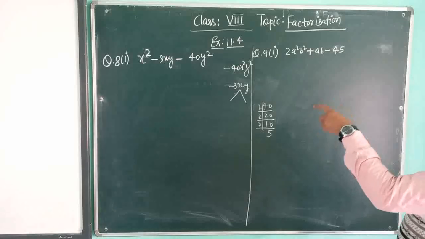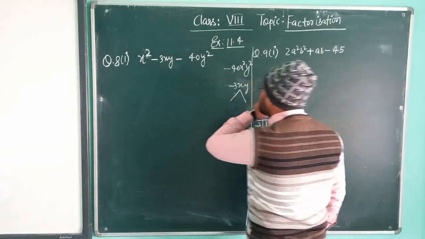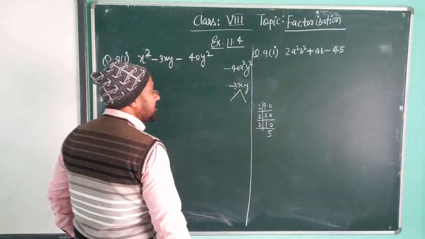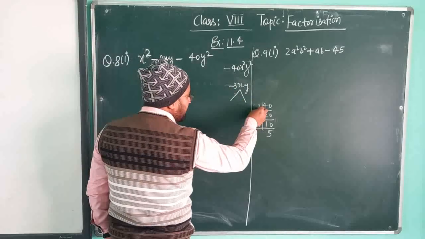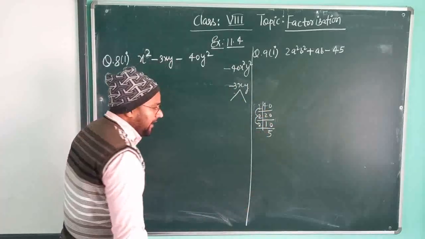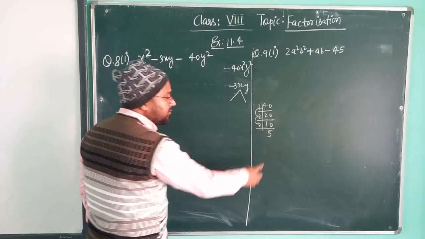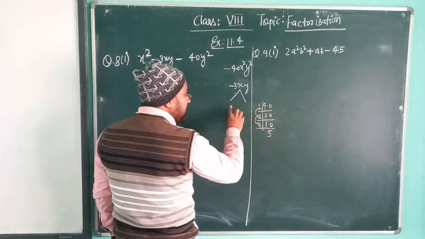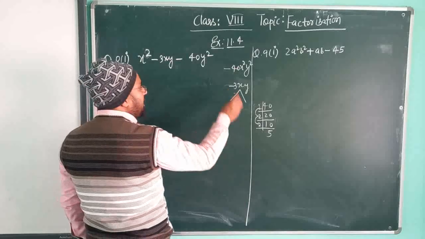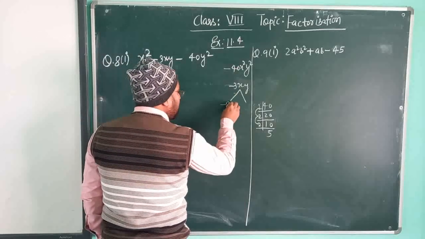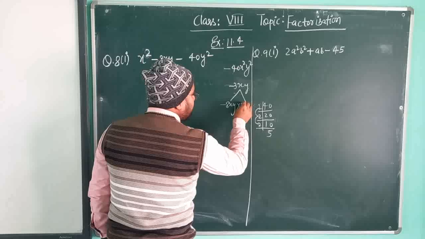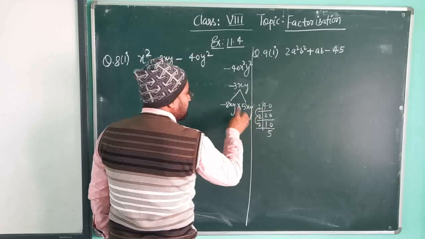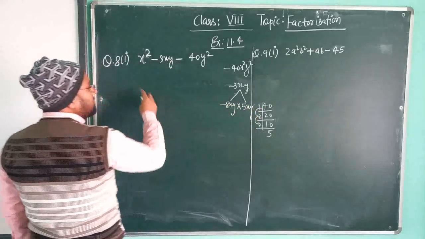If we multiply, we get minus 40x²y², and by adding we get minus 3xy. So you can see 8 multiplied by 5 gives 40, and in minus 8, if you add 5, you get minus 3. So minus 8xy is multiplied by 5xy, and if you add them, you get minus 3xy.